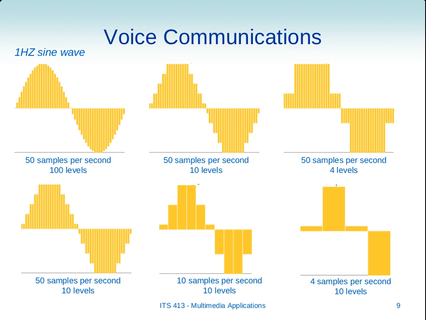When we reproduce at the receiver, we see that more samples per second gives us a more accurate reproduction at the receiver. That is, as we reduce the sampling rate, it gets worse at the receiver. This hardly looks like a sine wave.